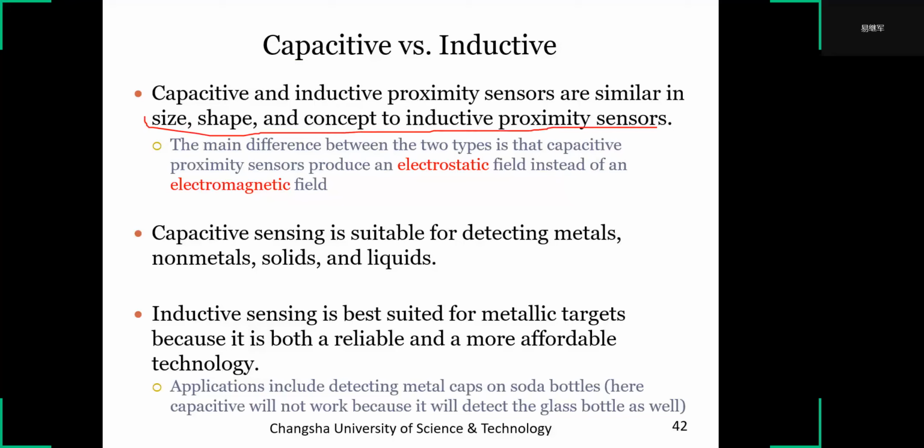The main difference between the two types is that capacitive proximity sensors produce an electrostatic field instead of an electromagnetic field.